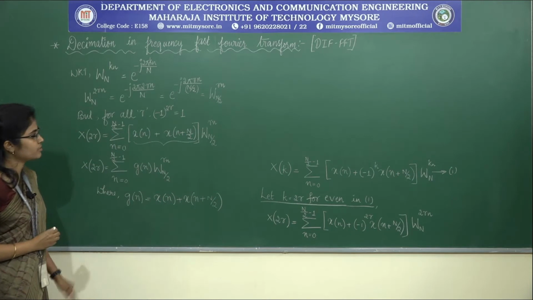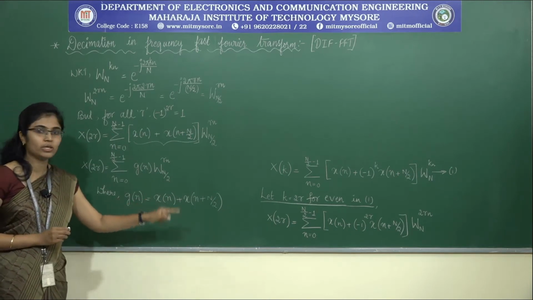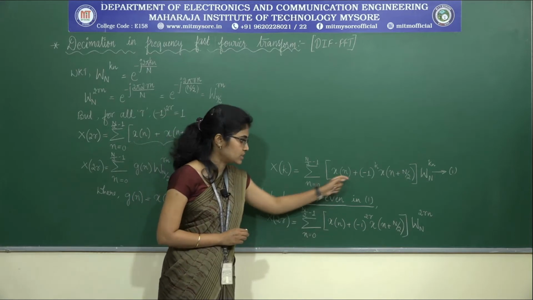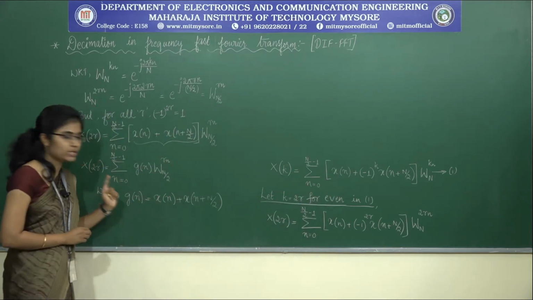So this is the first thing which we deduced with respect to even, that is when k is equal to 2r for even, in this equation we got this particular equation.